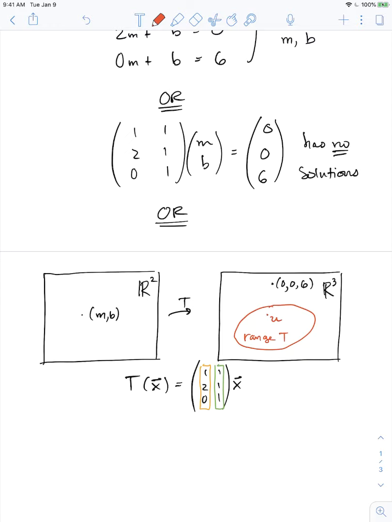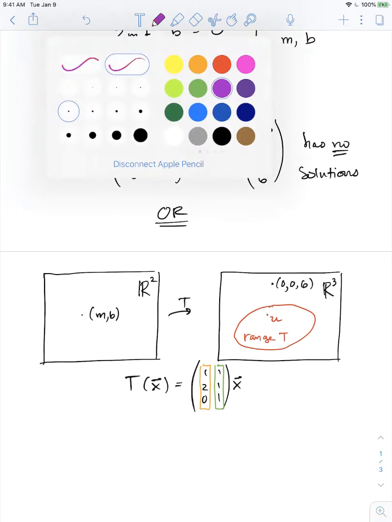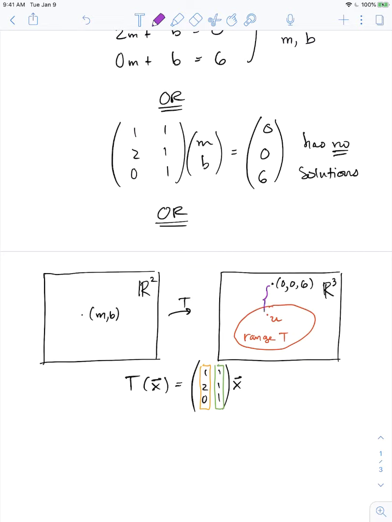Should we call it u? That is closest to (0, 0, 6). If we can find that vector u closest to (0, 0, 6), then we can backtrack and find the m comma b that produced it. After all, it's in the range. So some m comma b must have produced it. And that choice of m and b will be optimal in that sense for our original problem with the line.